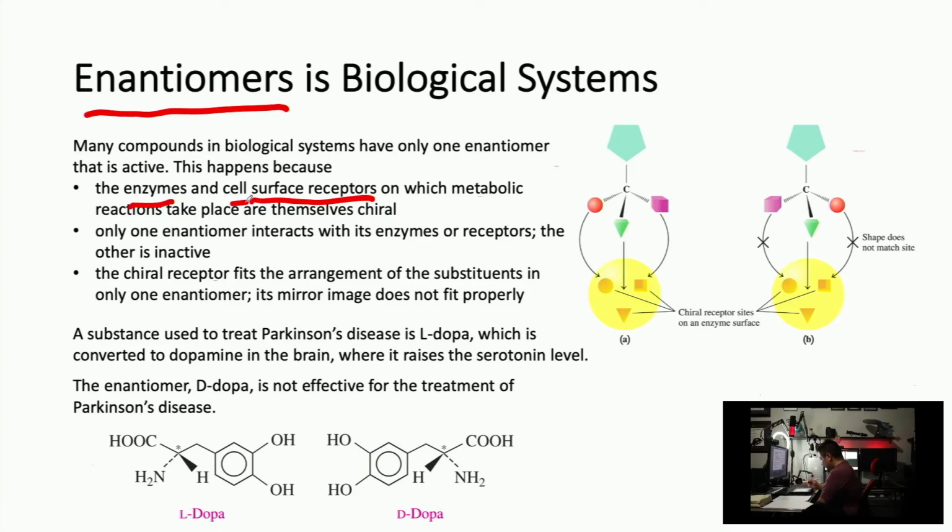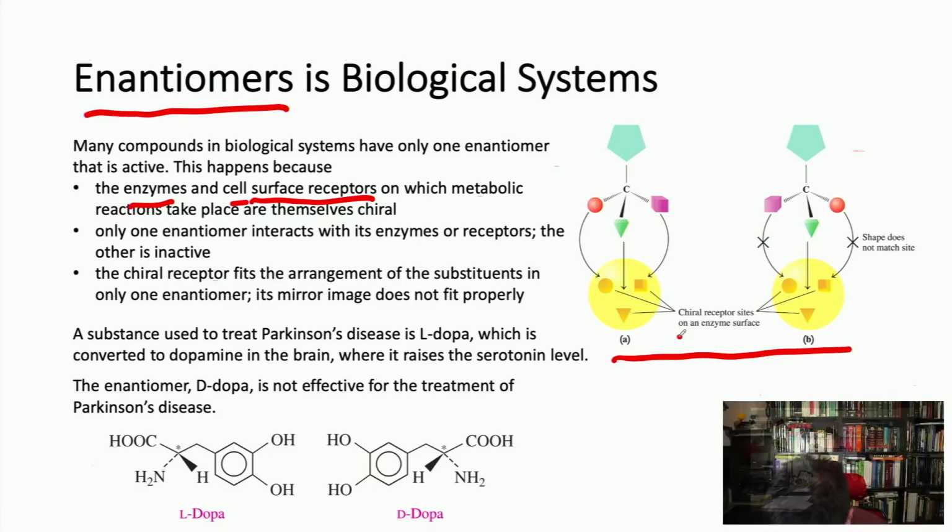Okay, so if you look over here at example A, we have chiral receptor sites on an enzyme surface where the shapes are going to be your R groups, your different constituents that make them chiral. Because we do have chiral carbons up here: pentagon, sphere, cone, and, I don't think that's a cone actually, I think that's a pyramid.